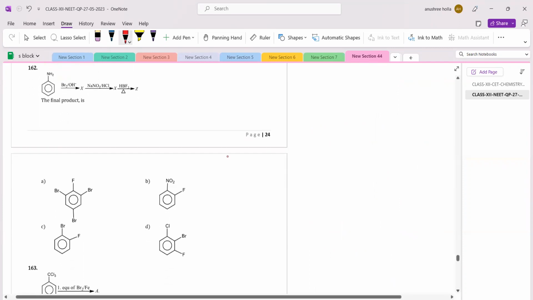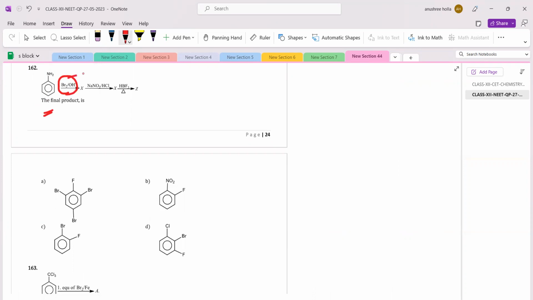Next, coming to question number 162, they have given you an amine and bromine water. This represents bromine water. Whenever you add bromine water to aniline or phenol, you'll get a tribromo substituted product.